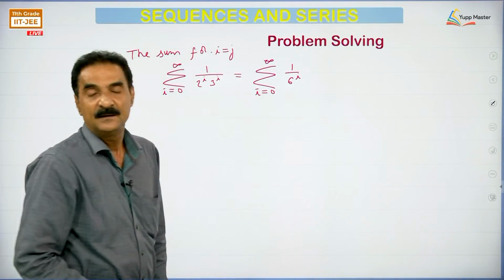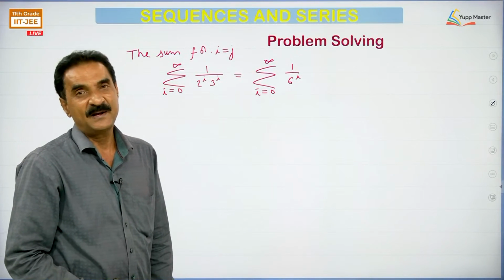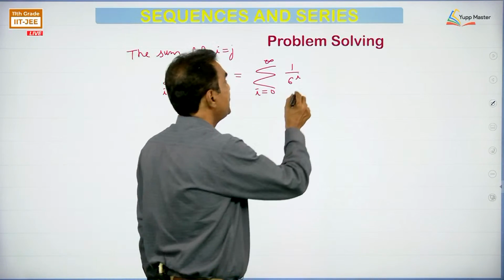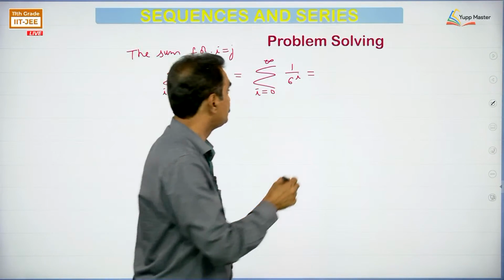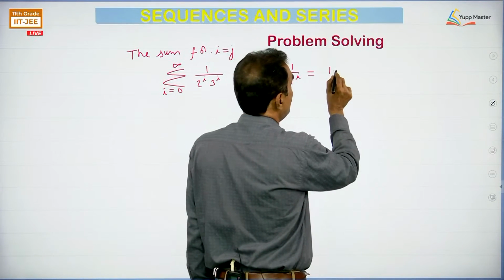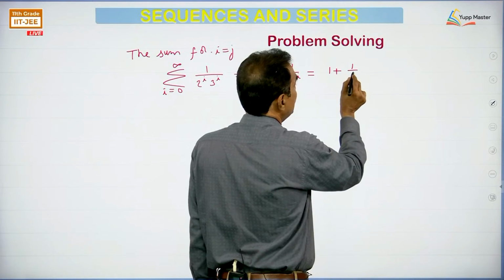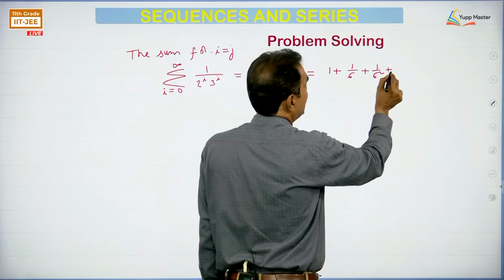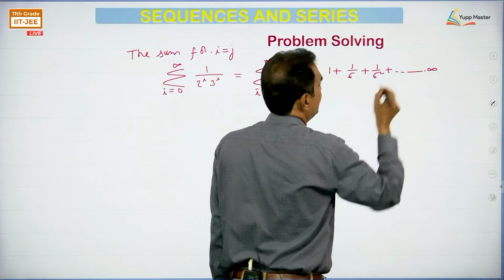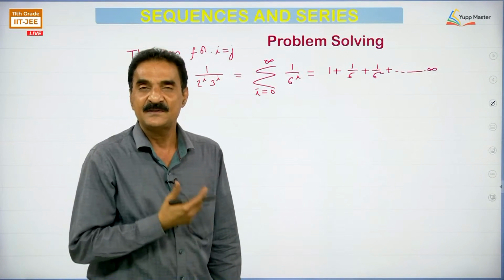Alright. Now, if we expand the series by taking the values of i from 0 to infinity, for i equal to 0 you will get 1. For i equal to 1 you will get 1 by 6. Next 1 by 6 square and so on till infinity. What is this series?